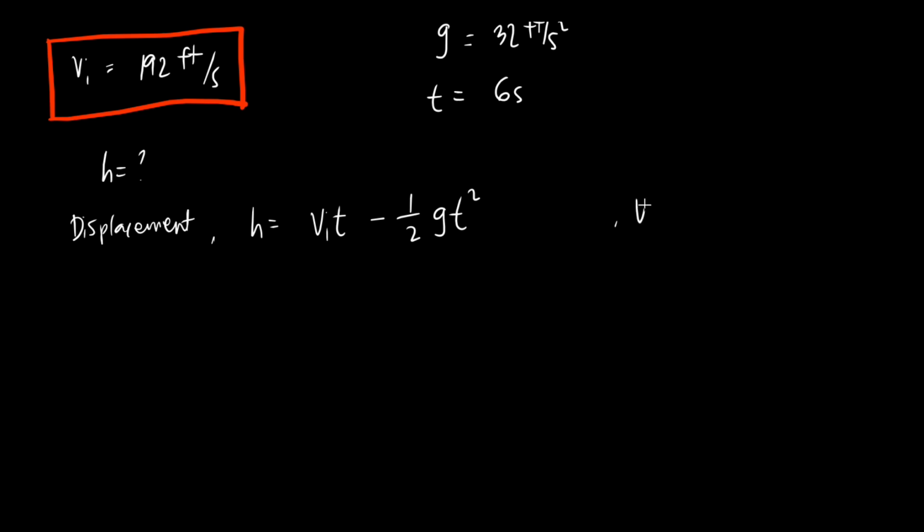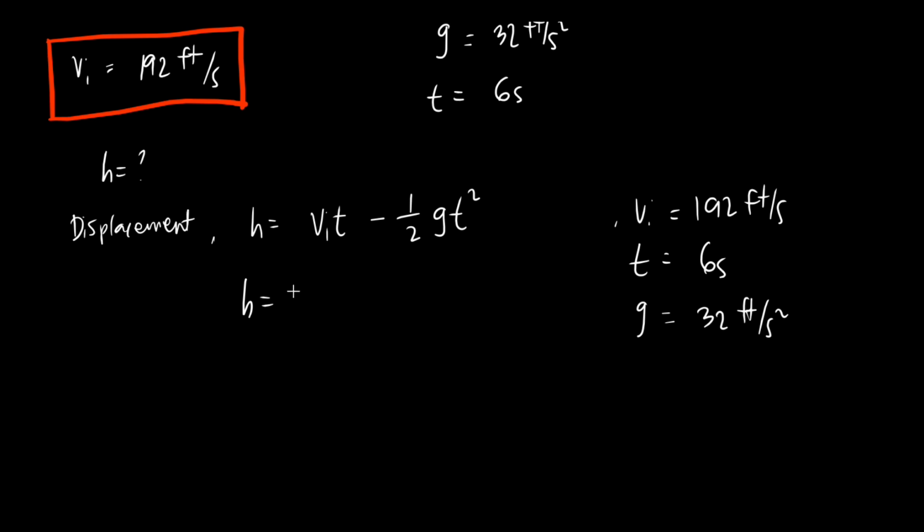Our v initial is 192 feet per second, our time is 6 seconds, and our gravity is 32 feet per second squared. So we will now substitute.